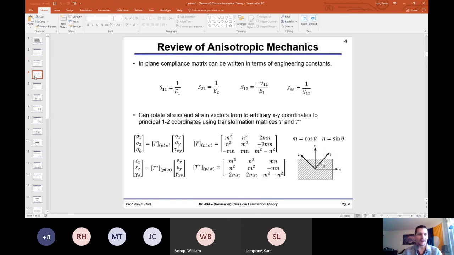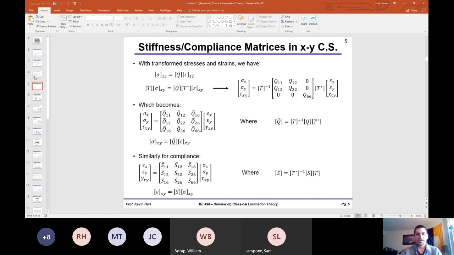We do that using our in-plane transformation matrices, which are 3x3 matrices that allow us to go from principal material coordinates 1 and 2 to some arbitrary coordinate system X and Y.